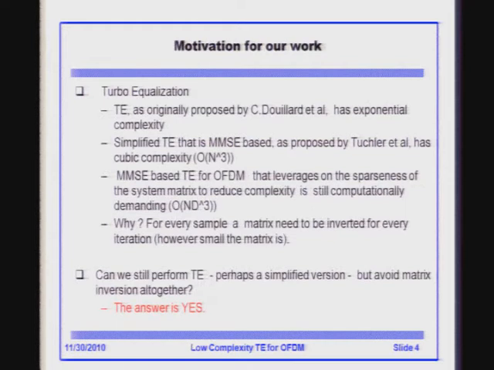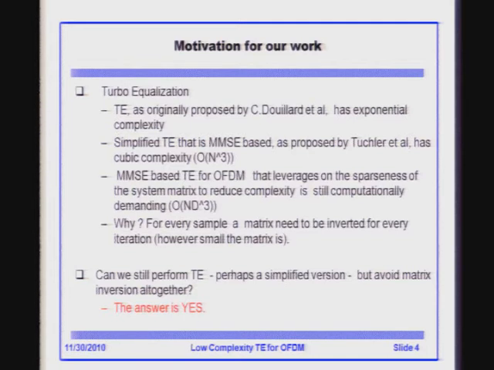As I said, the turbo equalizer was originally proposed by Douillard. The original one, invented in the late 90s, had exponential complexity, which is not easily implementable at all. A simplified turbo equalization was then proposed by Tüchler and team.